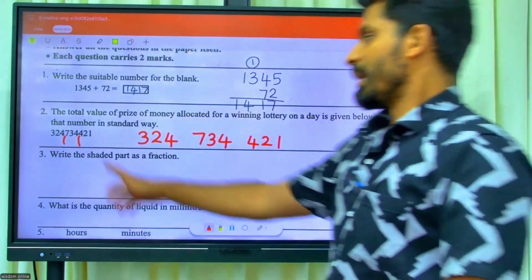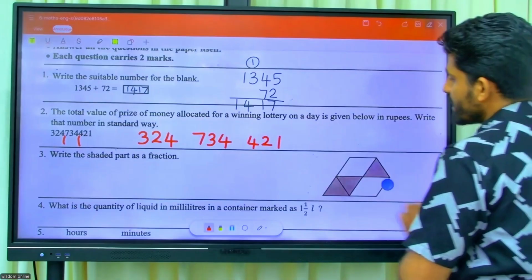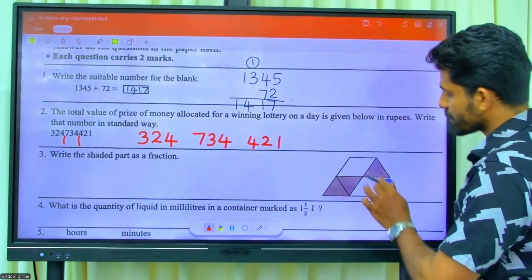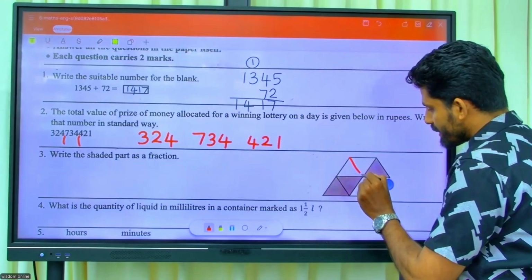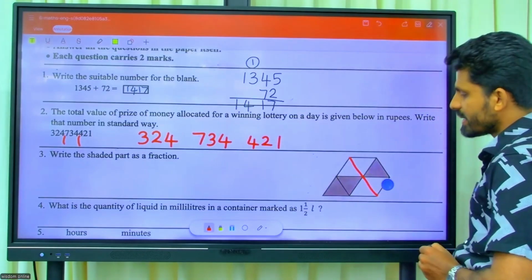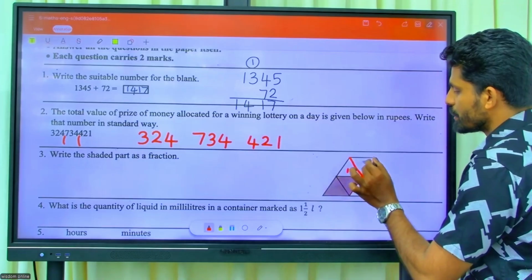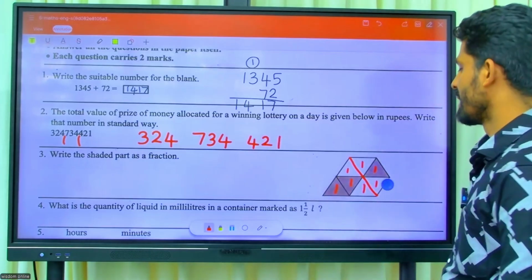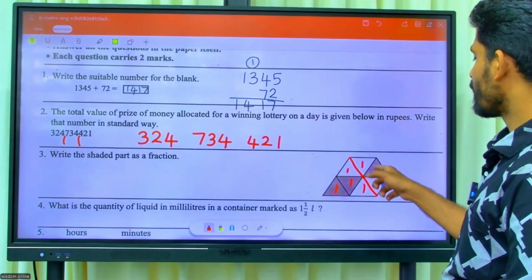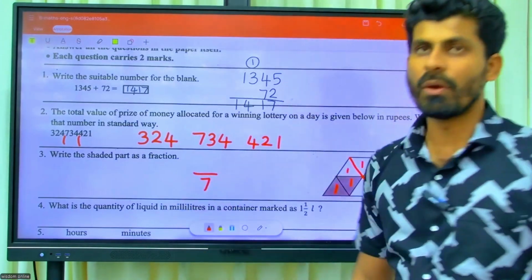That's all. Write the shaded part as a fraction. Now, kids, you can see I have to separate this one. 1, 2, 3, 4, 5, 6, 7. 7 parts are there altogether.